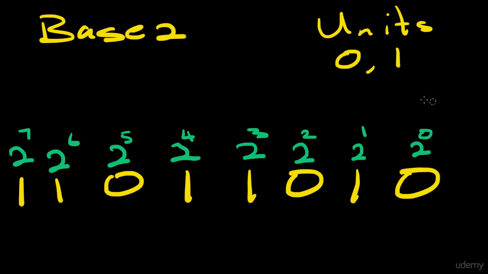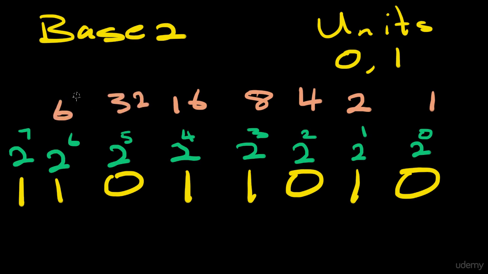The values we're looking at here are 1, 2, 4, 8, 16, 32, 64, 128. So the number that we're looking at here is we have one group of 128.